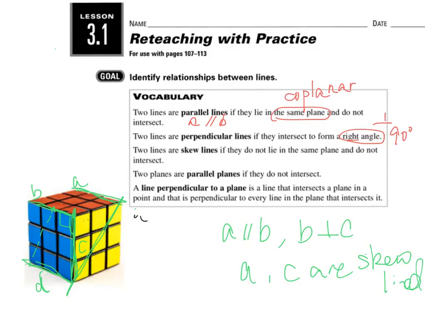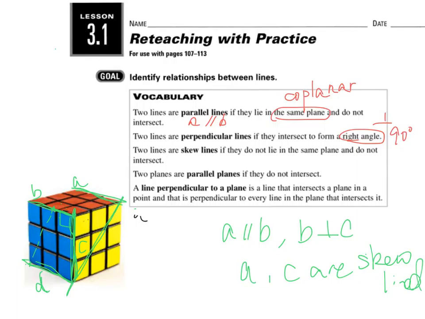So I would have a diagonal side, and in that plane, my line A and my line D are parallel, and they're coplanar in that plane. So no, line A and line D are actually, in fact, on the same plane. You can create a plane that includes both of them, okay? So the rest of it is pretty intuitive.